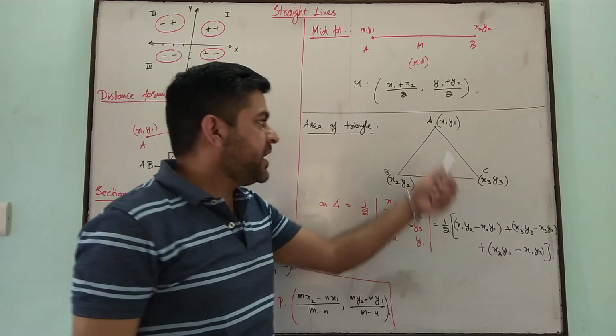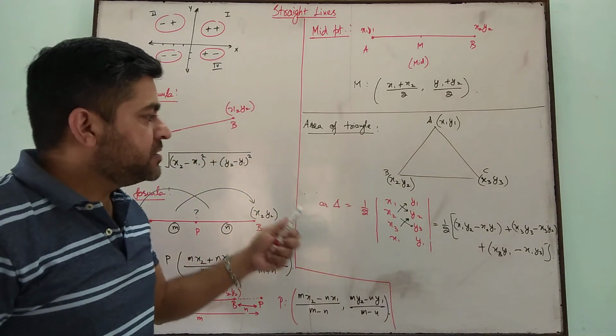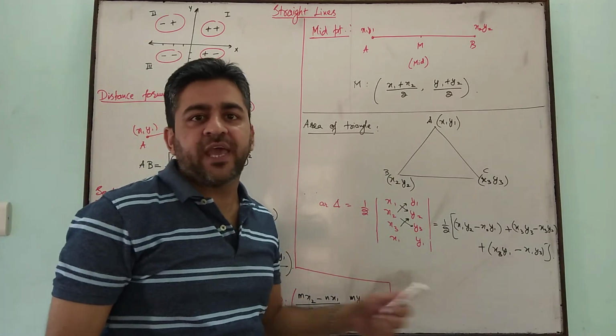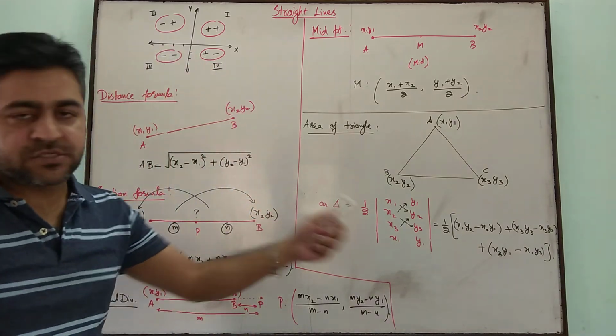So this will be an area of triangle. By using this concept of area of triangle, we can find the area of any polygon. Like, just note it down first.